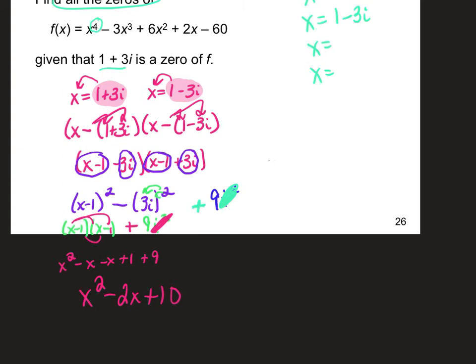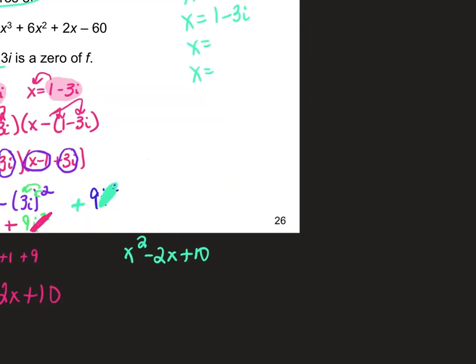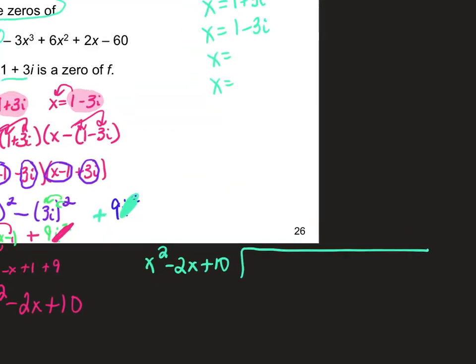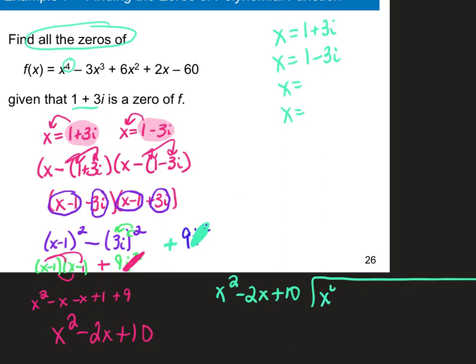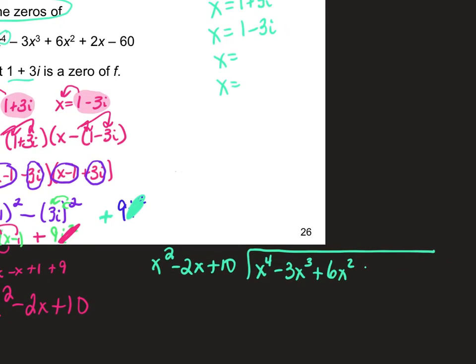All right, so now, guys, we're going to take x squared minus 2x plus 10, and we're going to divide it into our original polynomial. X to the fourth minus 3x cubed. Do you guys see why signs are so very important? This is an extremely long process, so if you miss a sign up at the beginning, there's no way you can get the rest of this problem right.